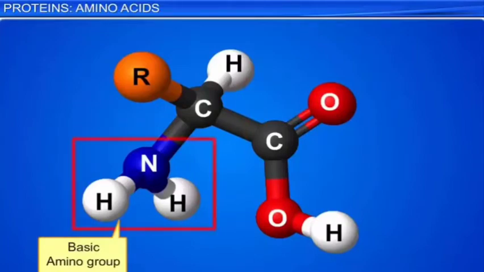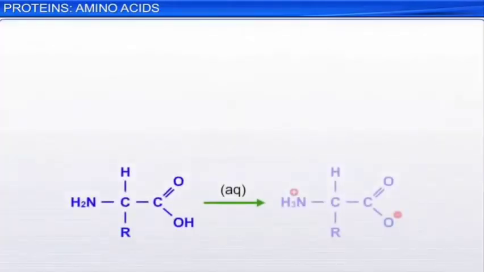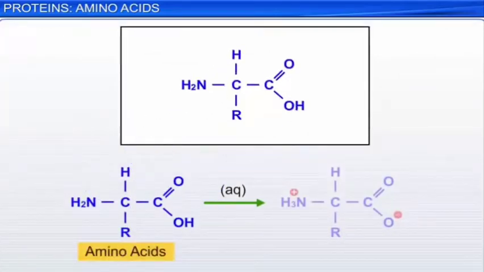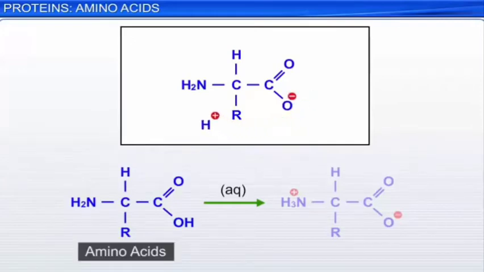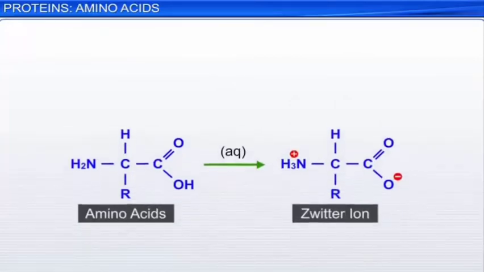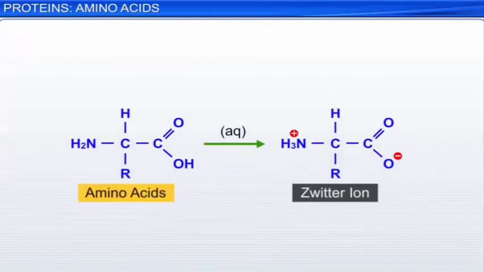In aqueous solutions, the acidic carboxylic group of an amino acid transfers a proton, or a hydrogen ion, to the basic amino group present in the same molecule. This results in the formation of a dipolar ion called a Zwitter ion. Thus, amino acids form Zwitter ions in aqueous solutions.